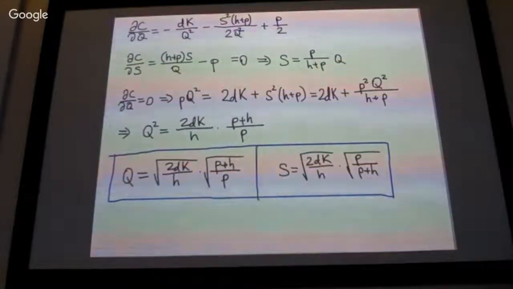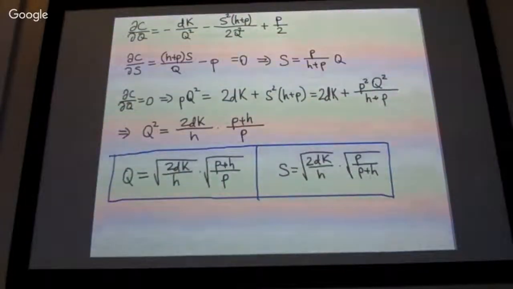Now it's a theorem because it's in a box. That's how you can tell that something is a theorem in A-level maths. It's in a box, so it's a theorem. Now, what I won't show is that it's actually a minimum.